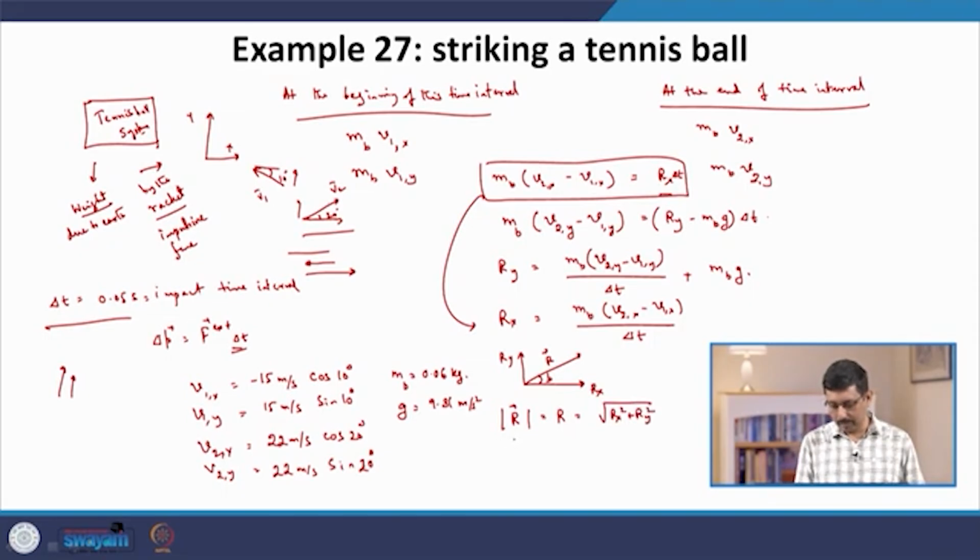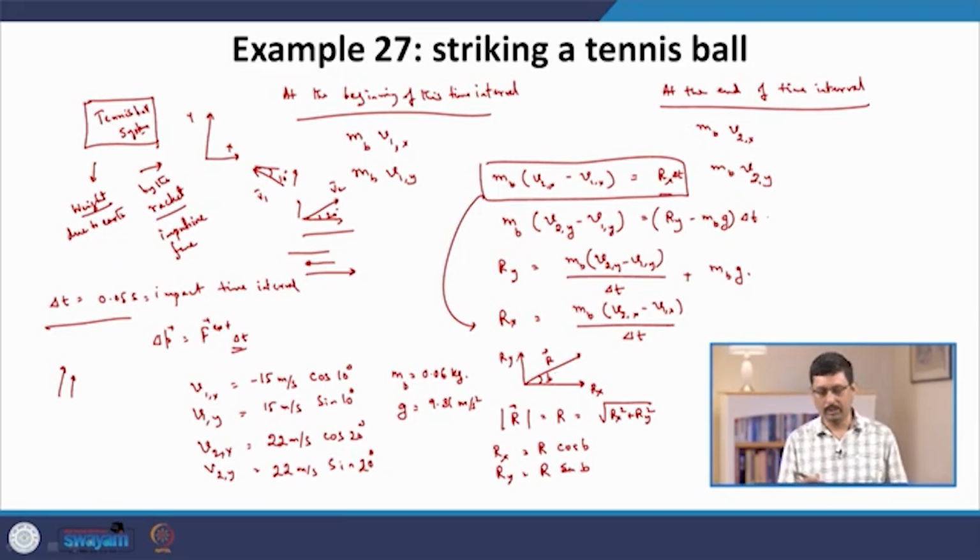Remember from this picture it is clear that Rx is R times cos of B and Ry is R times sin of B, and both components are positive according to our sign convention.